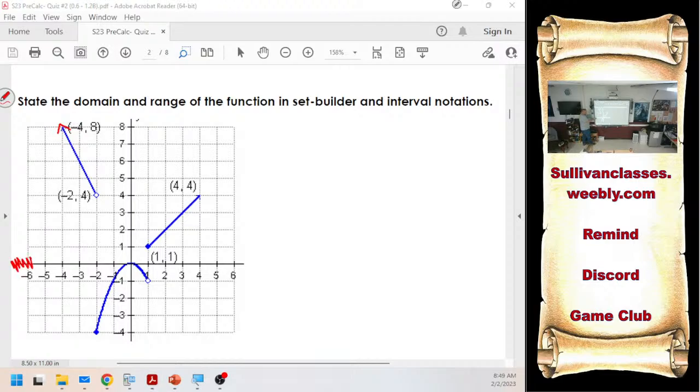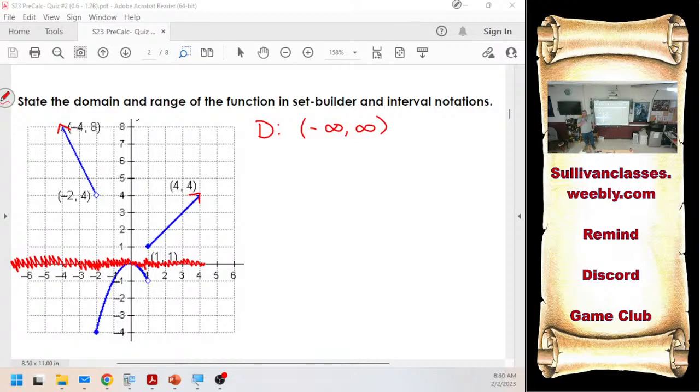It starts existing back at negative infinity. If I'm following this line, open circle, sorry, but there's a closed one down here, so it still exists. I'm going to follow this all the way until 1, open circle. Well, there's a closed circle there. So I'm going to follow that line and, oh wait, my domain is all real numbers. In interval notation, that's just negative infinity to infinity.